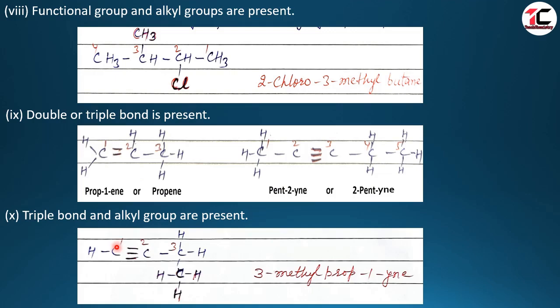So we will start numbering from this side, 1, 2 and 3. Now naming. At number 3 there is a methyl group, so we will write 3-methyl. It is a chain of 3 carbon atoms, so it is prop. At the first number there is a triple bond, so we use 1-yne. Now it becomes 3-methylprop-1-yne.